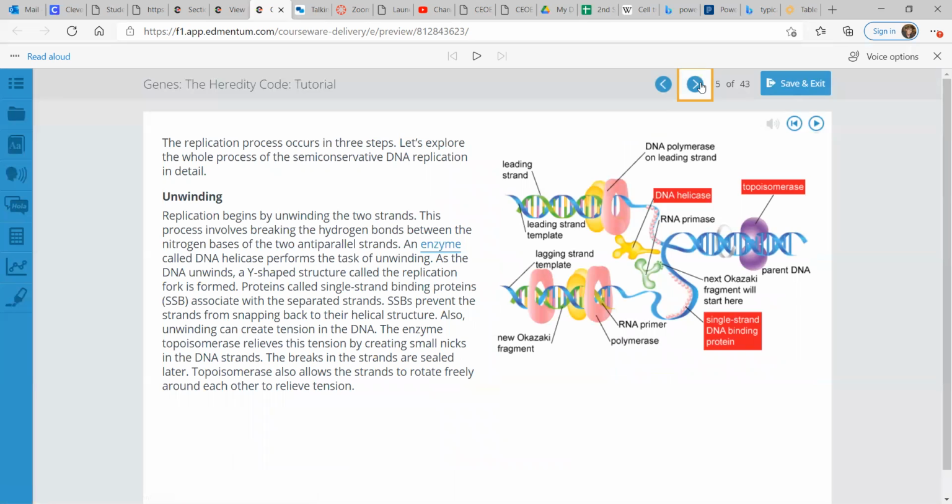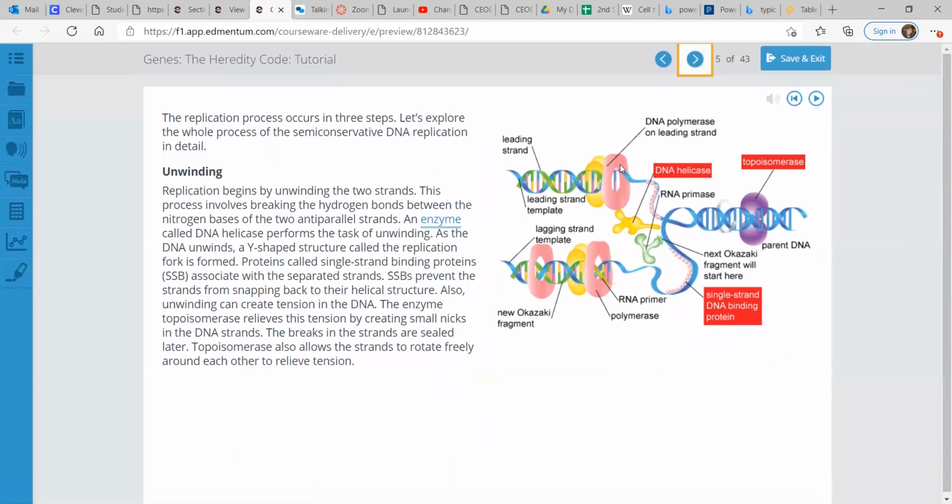Moving on, the replication process occurs in 3 steps. Let's explore the whole process of the semi-conservative DNA replication in detail. Unwinding. Replication begins by unwinding the 2 strands.